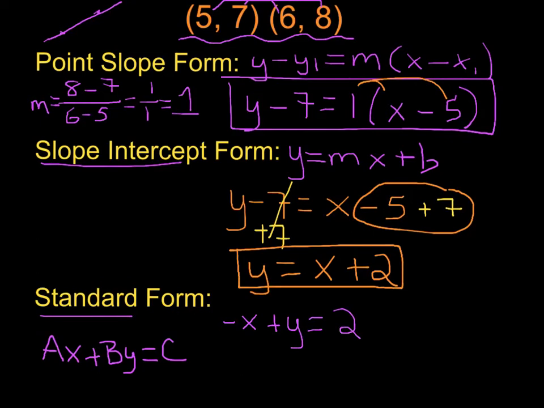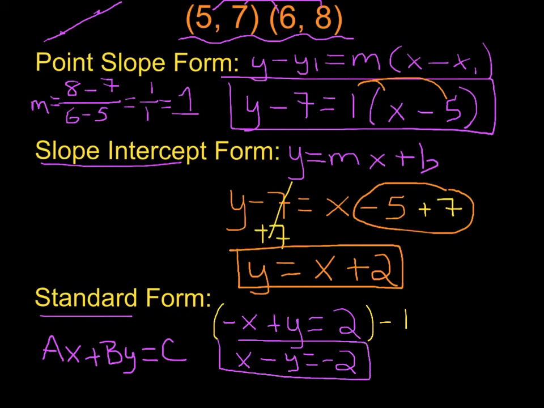But remember, the leading coefficient can't be negative, so I'm going to multiply everything by negative 1. So it's positive x minus y equals negative 2. And that is my equation in standard form. So whether it's in point-slope form, slope-intercept form, or standard form, they will all graph the exact same line.